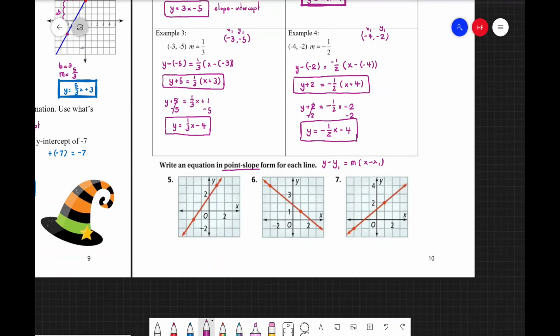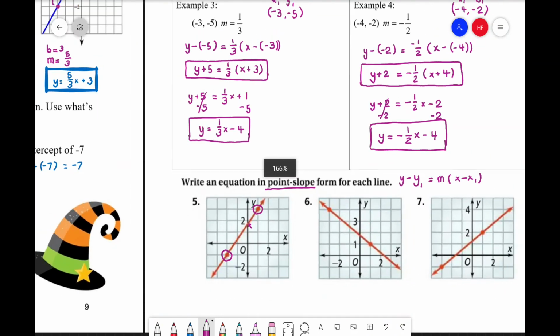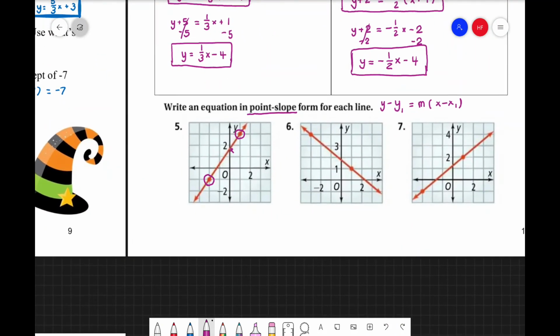So if you look at each of these, they have random points picked out. So we have this point here and this point here, and I see that neither are my y-intercept because my y-intercept is occurring somewhere that I can't necessarily pick out. So this comes in handy when your y-intercept is a fraction and it's not easy to pick out from the graph.